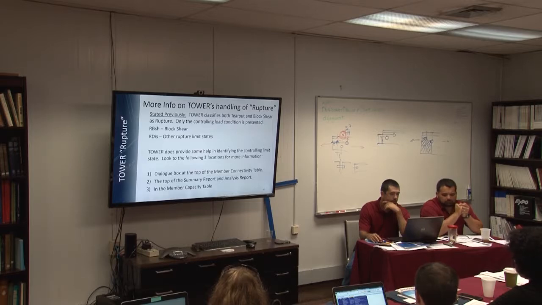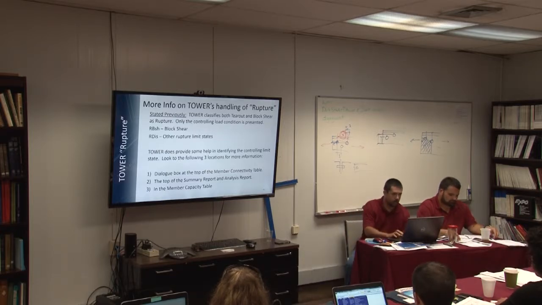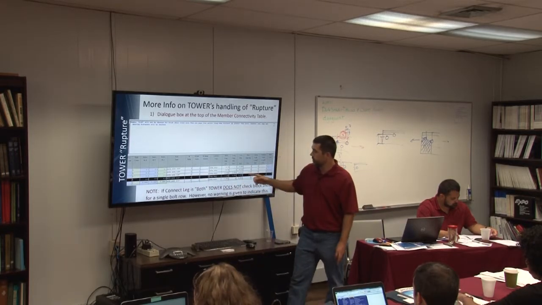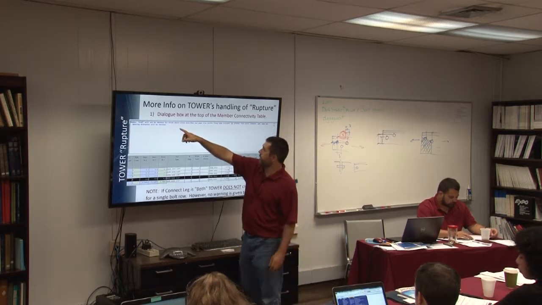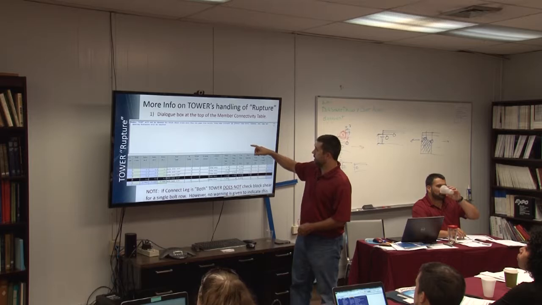Okay. So the program does provide some help. There's 3 locations that define this. At the top of your member connectivity table, where you input all your member properties, it will actually tell you the member will not be checked for block shear since more than one gauge line exists.